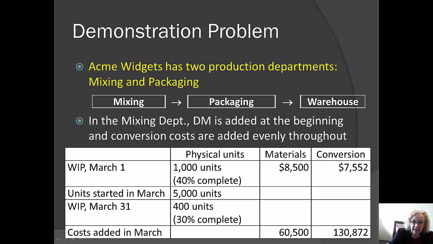Now somebody has to tell us a little bit about what goes on in the mixing department. We're told that here all of the materials are added at the beginning of the manufacturing process, and conversion costs are added evenly throughout the rest of the process.